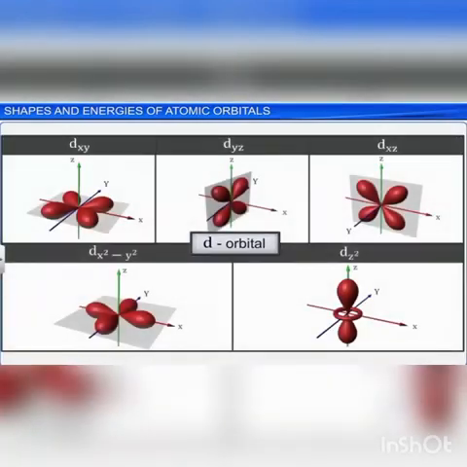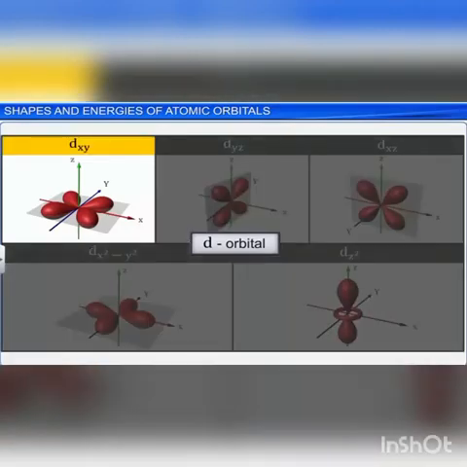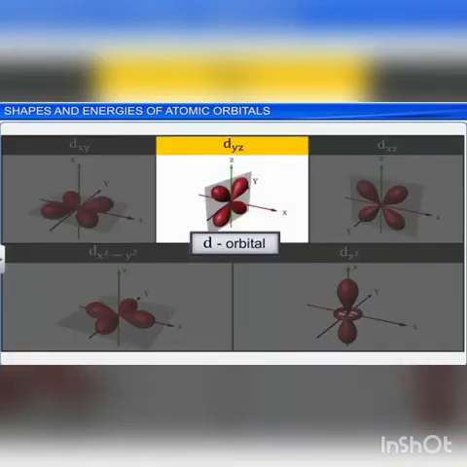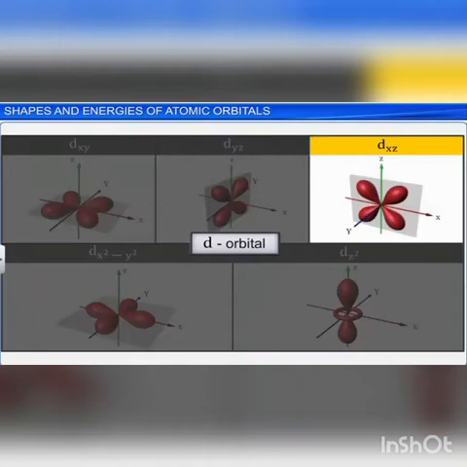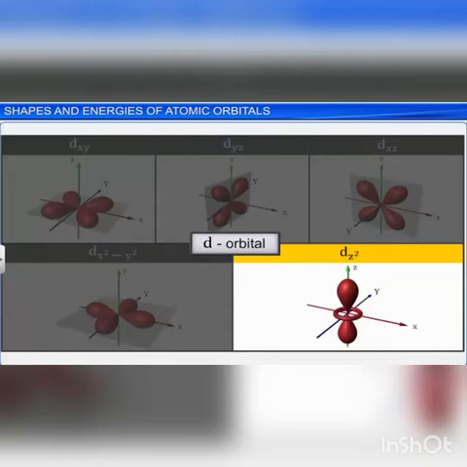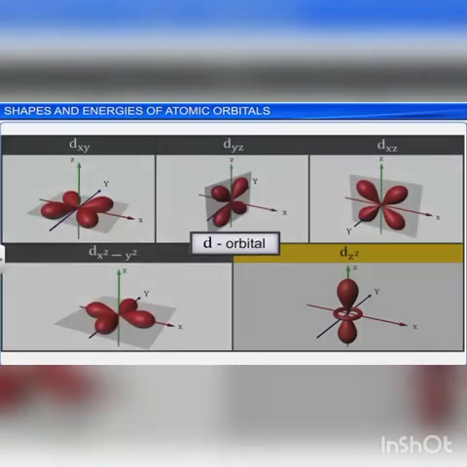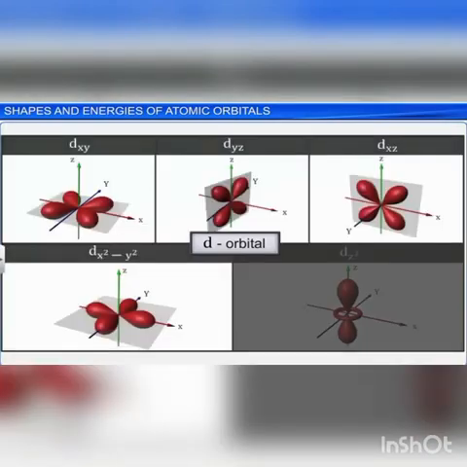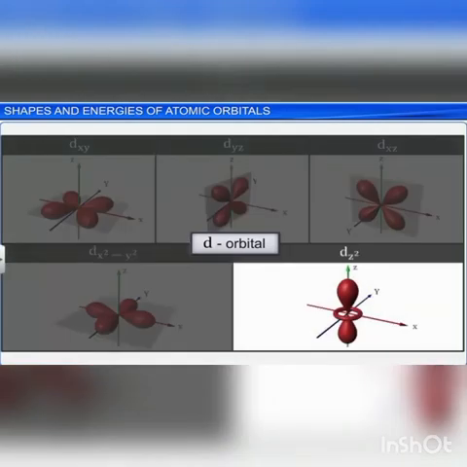The boundary surface diagrams pertaining to these orientations, designated as dxy, dyz, dxz, dx²-y², and dz², are shown. Note the similarity in shapes of the first 4 d orbitals, which are different from the fifth orbital dz². The shape of dz² is donut shape.